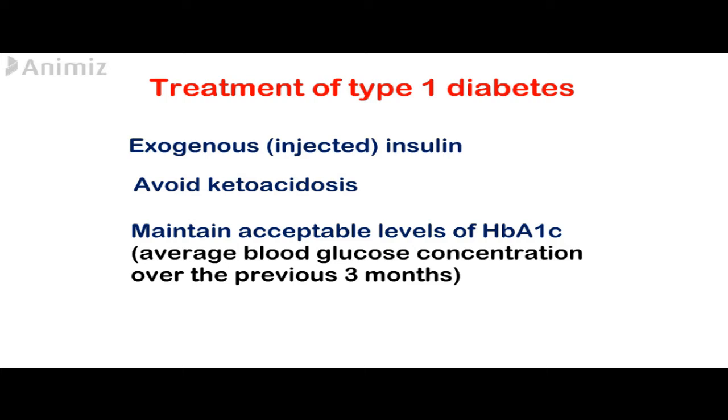The goal of administering insulin for type 1 diabetes is to maintain blood glucose concentration as close to normal as possible and to avoid wide swings in glucose level that may contribute to long-term complications that we will talk about later. So it is very important that the patient has home blood glucose monitors so that it can facilitate frequent self-monitoring and also the treatment with insulin.